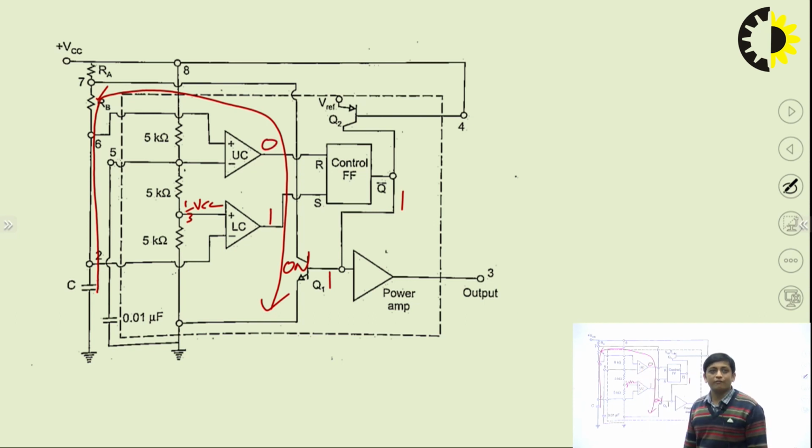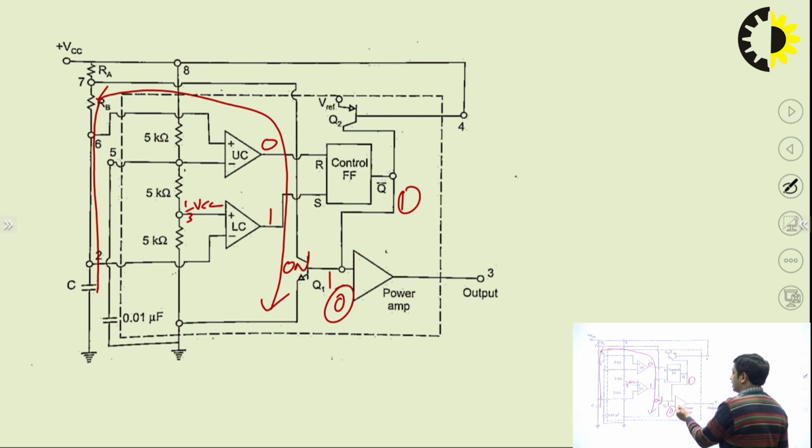So again the flip flop will come in set state. In set state, Q will be 1 and Q bar will be 0. If Q bar is 0, this 0 will come to the input of the power amplifier, that is basically the inverter.